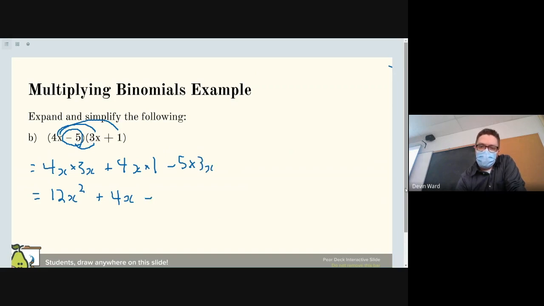So it'll be negative 15x, because we're just multiplying the numbers together. You leave the x there. And the whole negative 5 over. Minus 5 times 1, which is just minus 5.